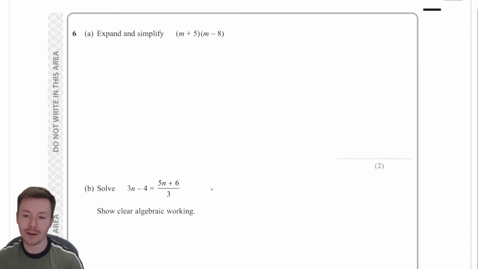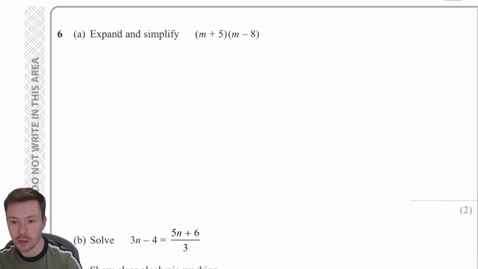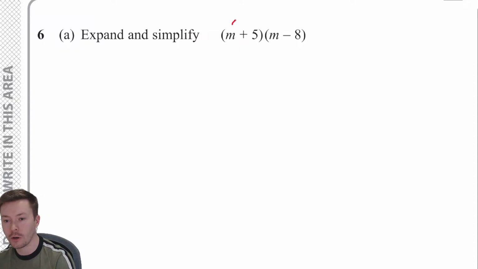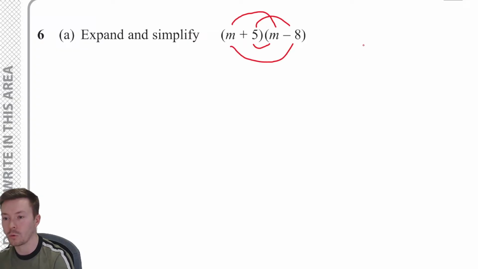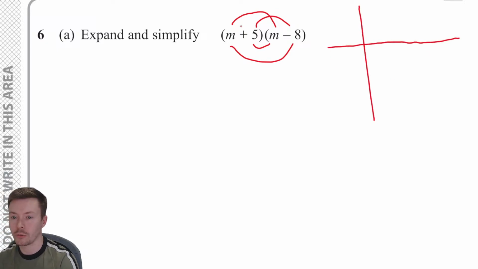Next one, fairly standard, fairly straightforward, I would say, especially compared to that last question we did on the last stream, algebra. So expanding this, I've done one of these before on the last paper. You can either do the eyebrows, mouth and nose method that I was taught, or you can use a grid method. Okay, I'll do the way I do it.